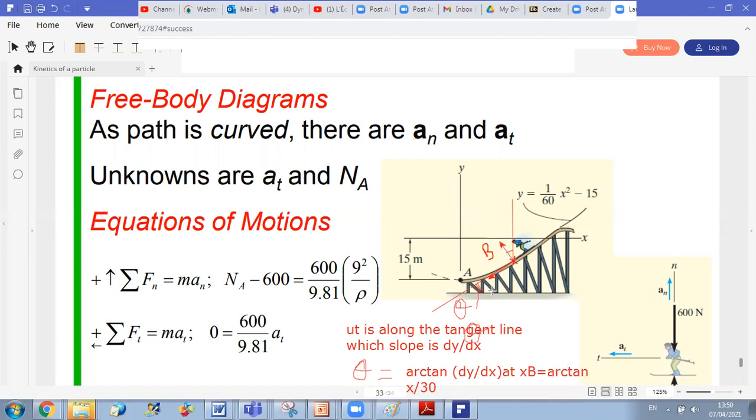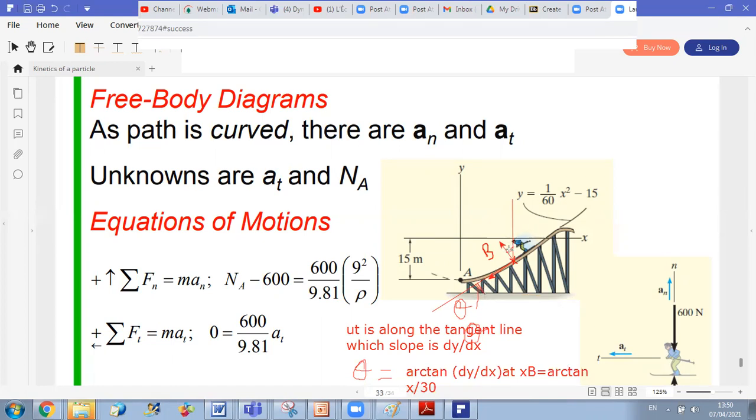Why? Because look, un is perpendicular to ut, y is perpendicular to x. You know that if I have two lines, if I draw the perpendicular to the first and the perpendicular to the second, I will get the same angle. So you can say that y is perpendicular to x and un is perpendicular to ut, so this angle here will be the same as this one.